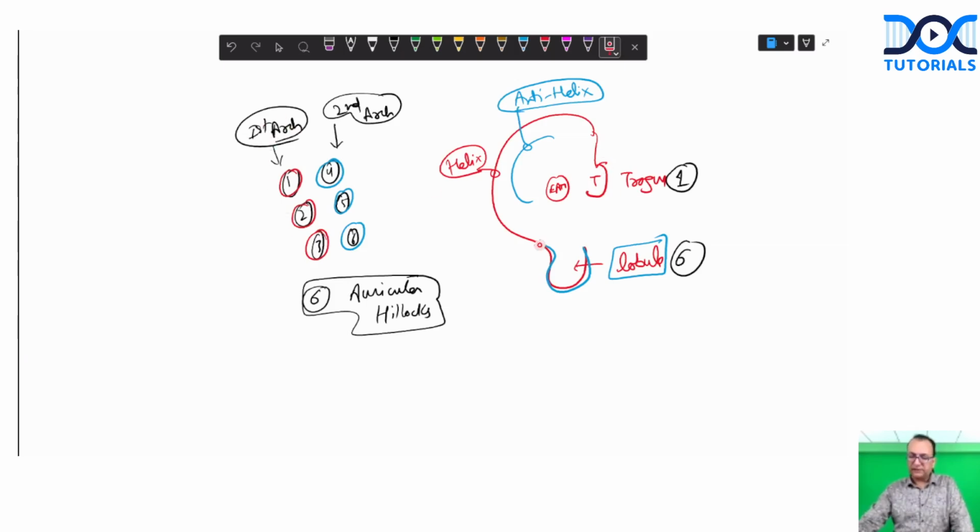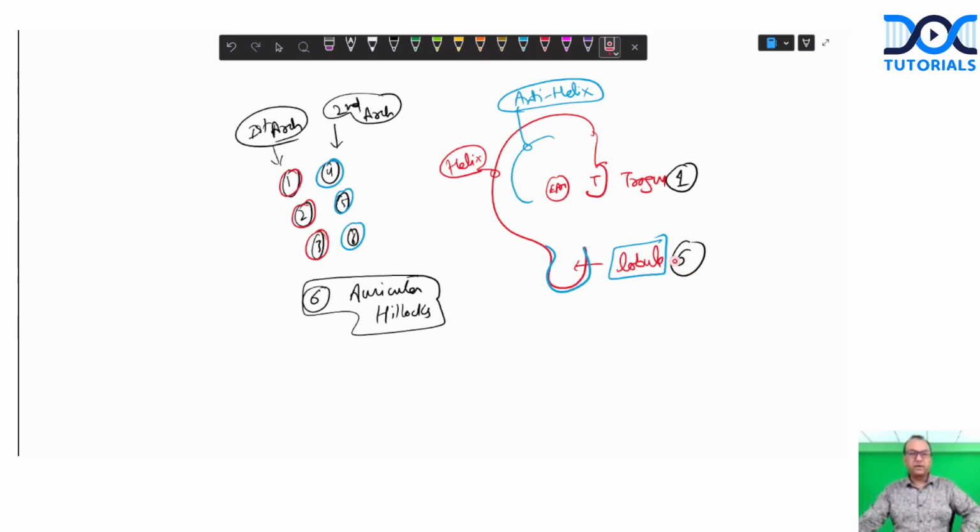The first arch forms the tragus and the helix, the red color. And the second arch is blue color. It will form the antihelix and the lobule. The lobule comes from hillock number 6. Now this is controversial.